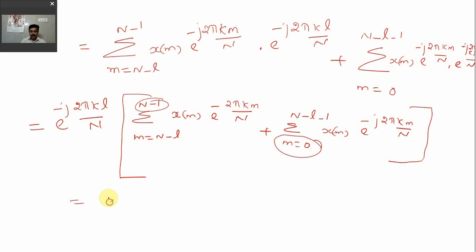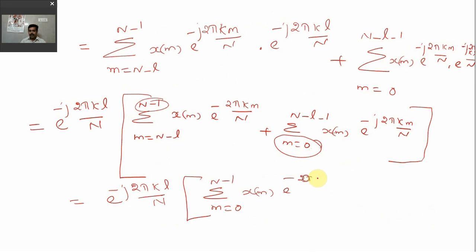So we can write it as e to the power minus j 2 pi k L by n into summation of m is equal to 0 to n minus 1 of x of m e to the power minus j 2 pi k m by n. But what is summation of m is equal to 0 to n minus 1 x of m into e to the power minus j 2 pi k m by n? That is nothing but X of k. So we can write it as e to the power minus j 2 pi k L by n into X of k.